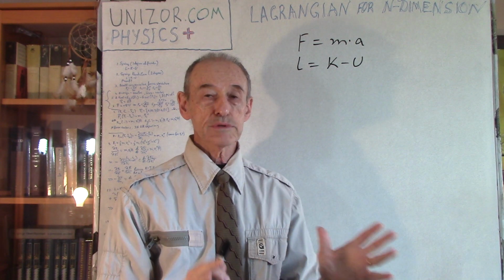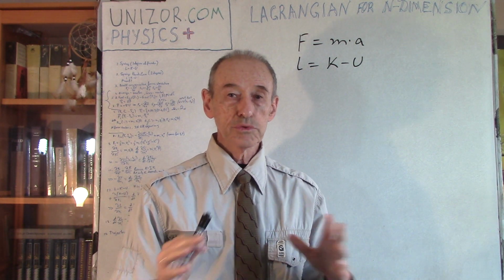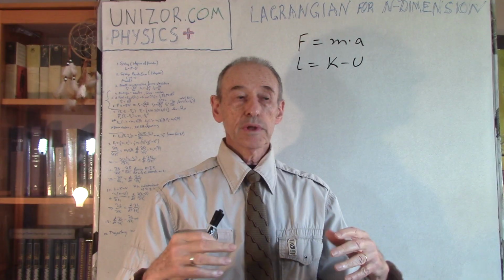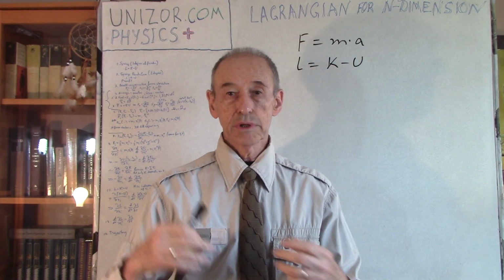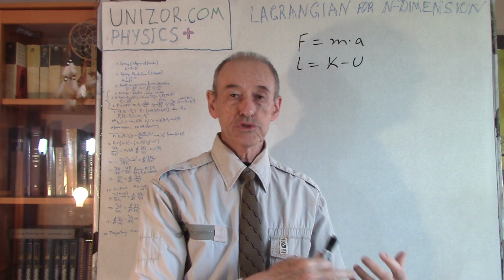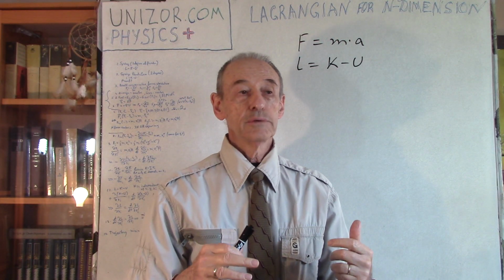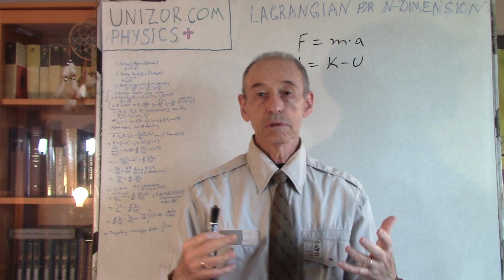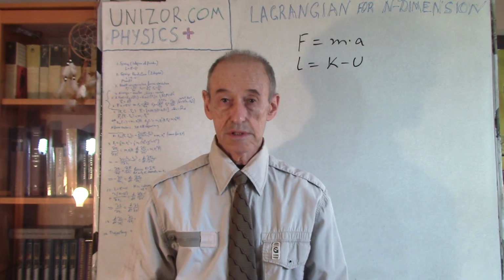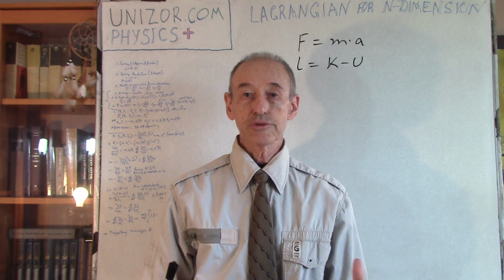So my purpose right now is to prove the equivalency of the Lagrangian approach and the second law of Newton for n-dimensional Cartesian coordinate system. So that's basically my lecture for today.